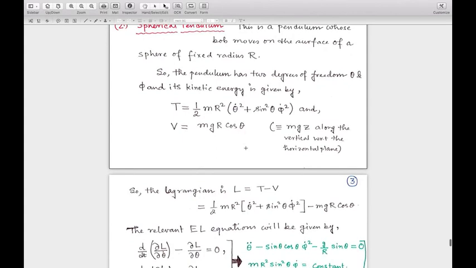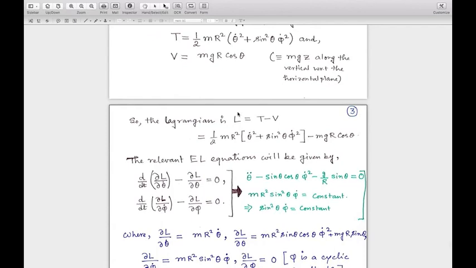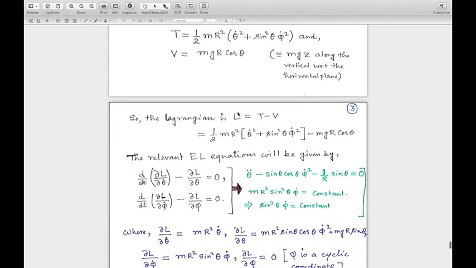Okay. So you all know that phi is known as the azimuthal angle and theta is the co-latitude. Co-latitude simply means the complementary angle of the latitude. Okay. Again, here I am not drawing a picture, but if you find it useful, please do not hesitate to draw a picture for your convenience.